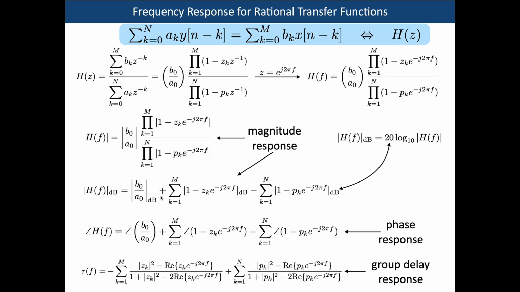Notice that in the dB form, we're going to sum the contributions due to the zeros and subtract the contributions due to the poles. In terms of the phase response, we're going to do the same thing: add the contributions due to the zeros and subtract the contributions due to the poles.